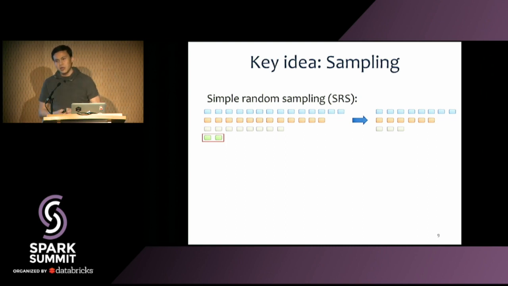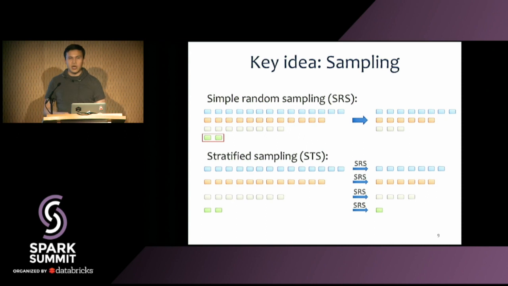Note that the objective of a sampling technique is to take a sample that is representative of the original data. And to overcome this problem, stratified sampling has been proposed. The idea of stratified sampling is that for each substream we perform simple random sampling, and none of them will be ignored. So this mechanism will not overlook any substream, and in this way it can preserve the statistical properties of the original data.